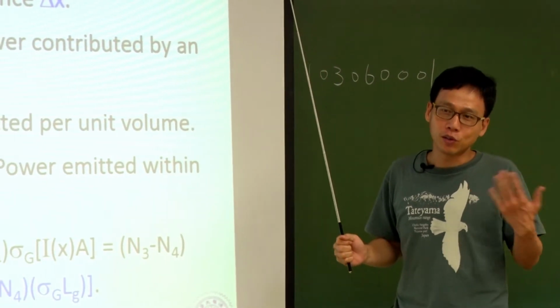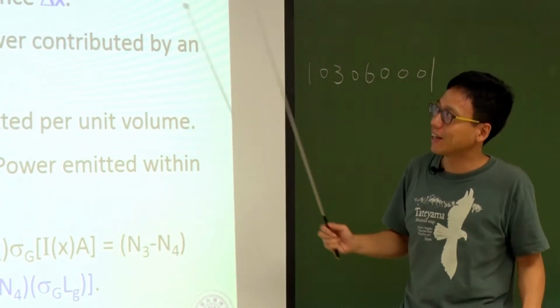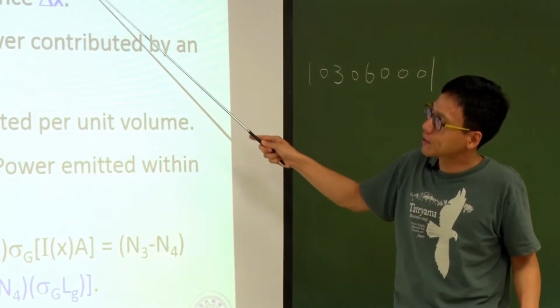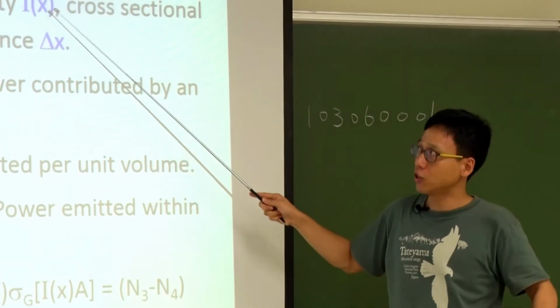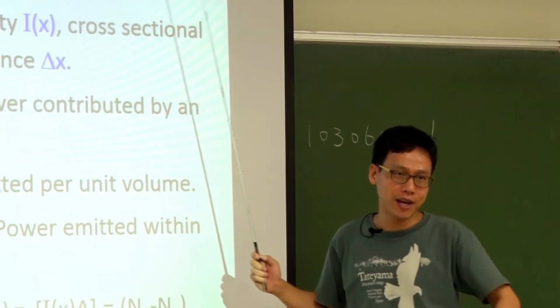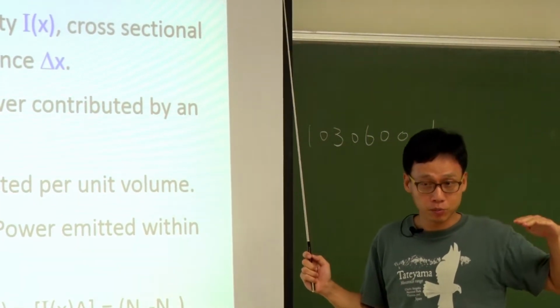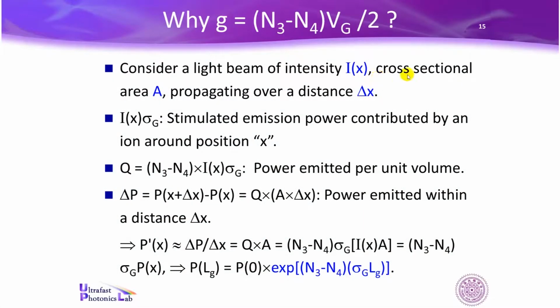It can be X or Z. For the time being, maybe I use a symbol X. At the position X, the light intensity is I. If there is amplification, you can imagine this is not a constant but an increasing function of X. The light intensity will be stronger and stronger. And the beam cross-sectional area is a constant A. And we consider propagation over a very short distance, delta x.